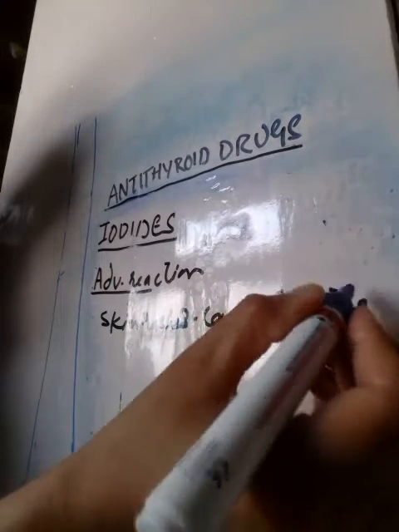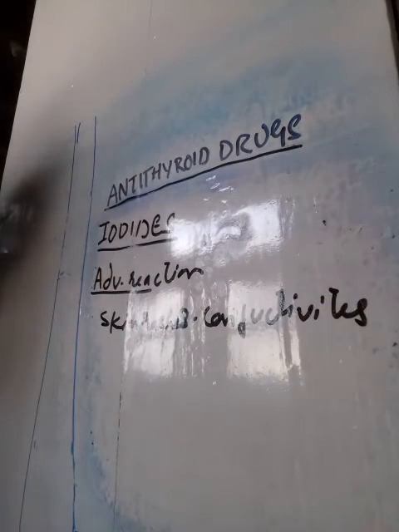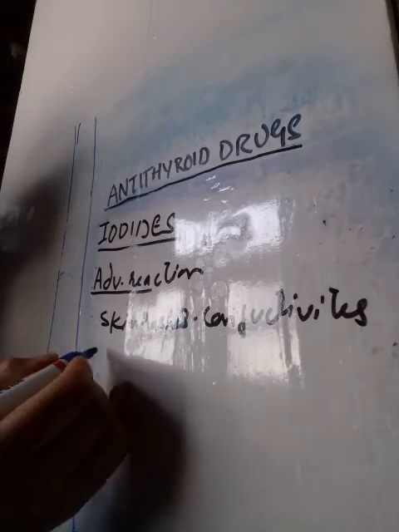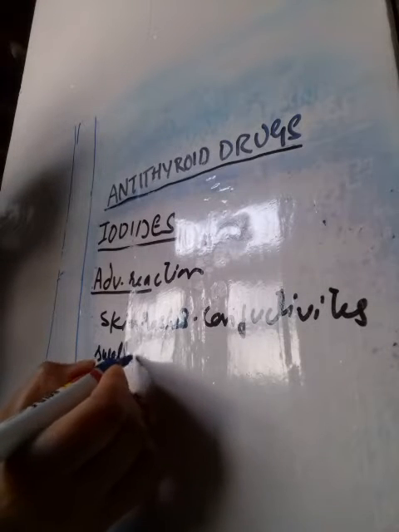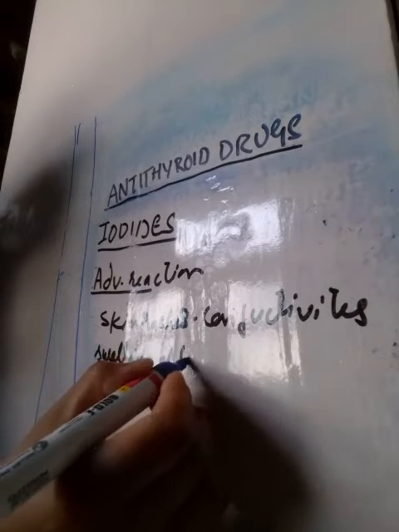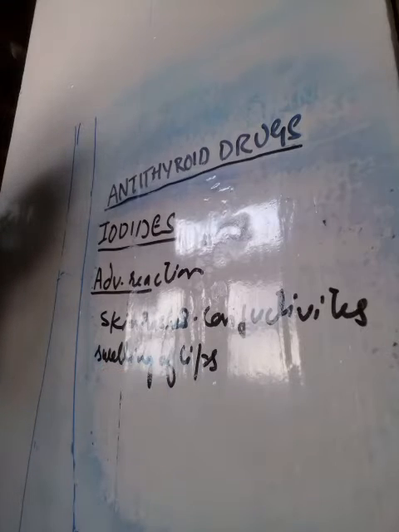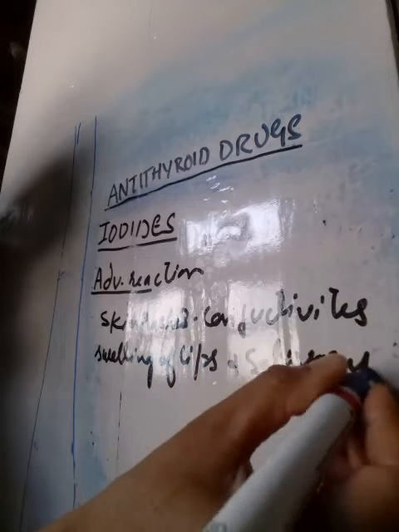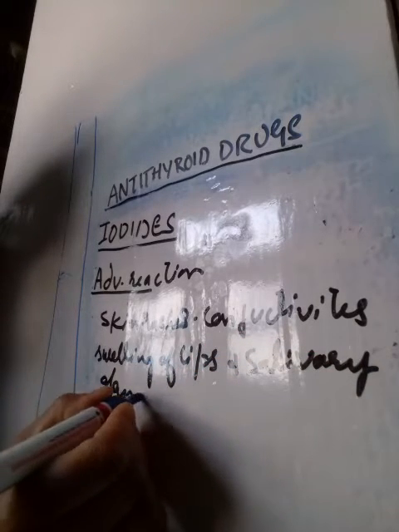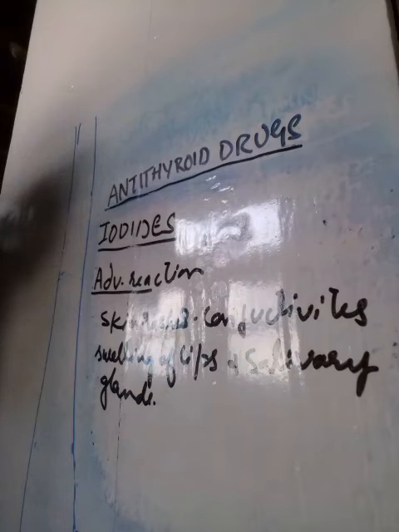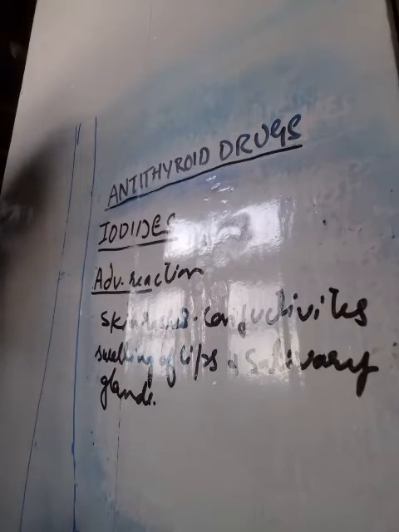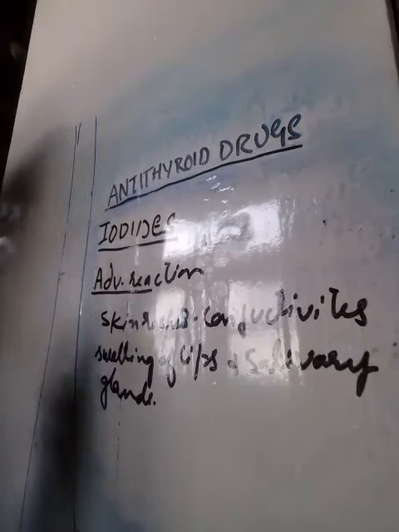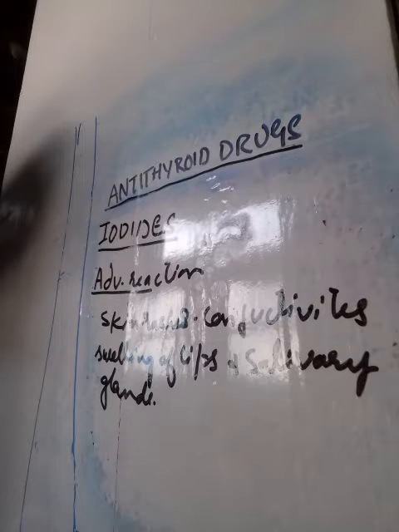Conjunctivitis is the inflammation of conjunctiva. Swelling of lips and salivary glands. These are the common adverse reactions with iodides.